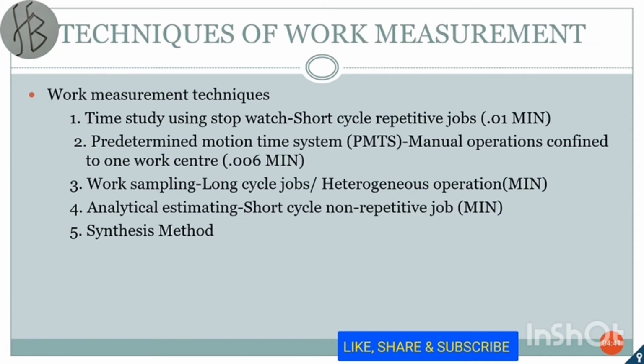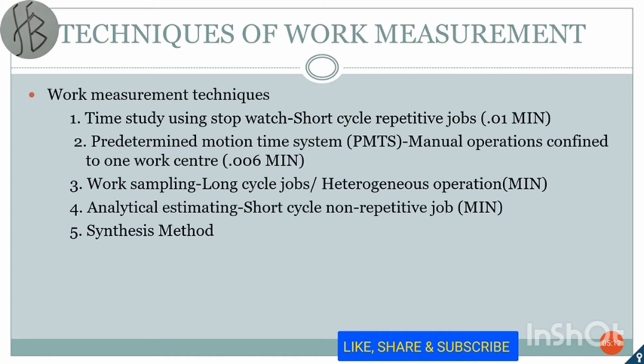There are different techniques of doing work measurement. It includes time study using a stopwatch, for short cycles, repetitive jobs of less than 0.01 minutes. Predetermined motion time system is for manual operations confined to only one work center. It includes the study of 0.006 minute motions. Third is work sampling.